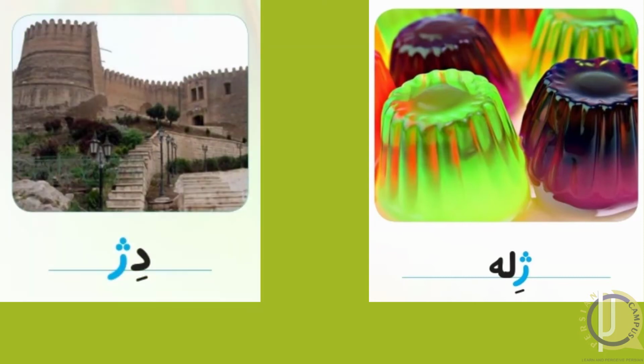We have learned re and ze in the previous videos, and here is je with three dots, as in gelé. It means jelly. And dej. That means fort or fortress. Okay, that's enough for this video. I hope that was not too much complicated.